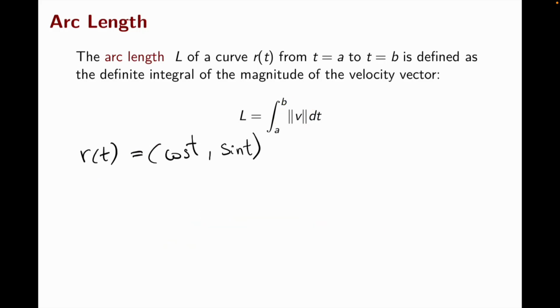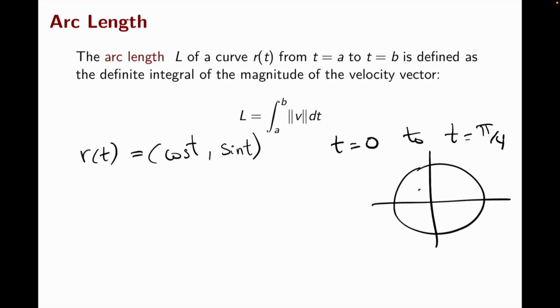If we continue with the example of the curve that represents this circle, a curve in the plane which has two components, let's say we want to calculate the length from t equals 0 to t equals pi over 4. I mean, how long is this little piece of the curve.